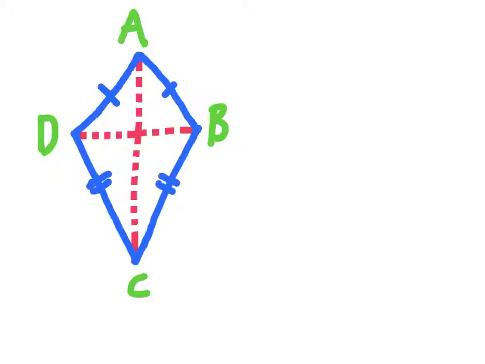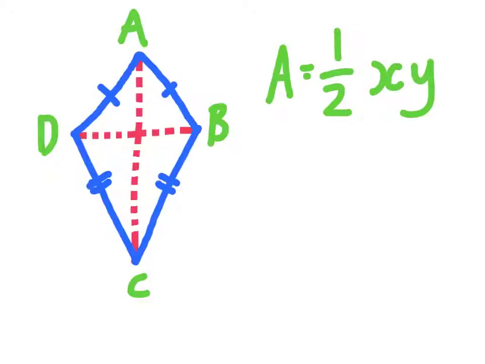Now, calculating the area of a kite uses the same rule as a rhombus, so the area rule is area equals half xy, and the x and y again are the diagonals.